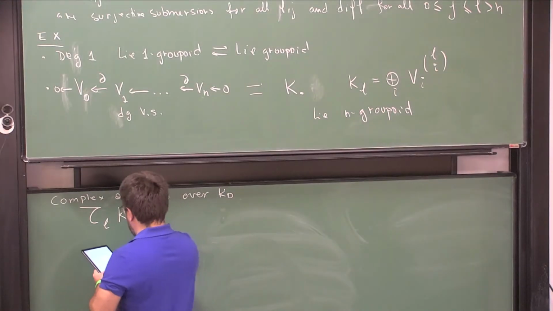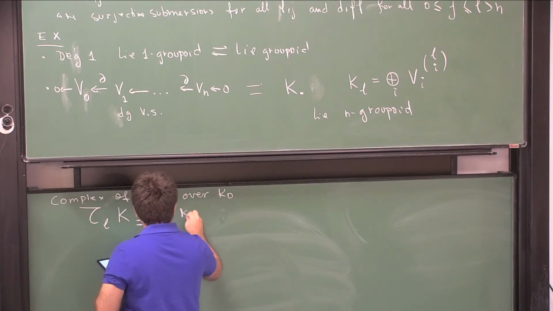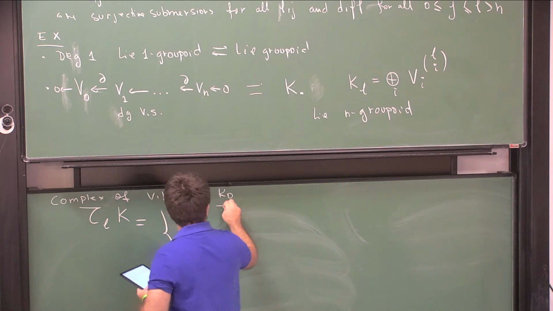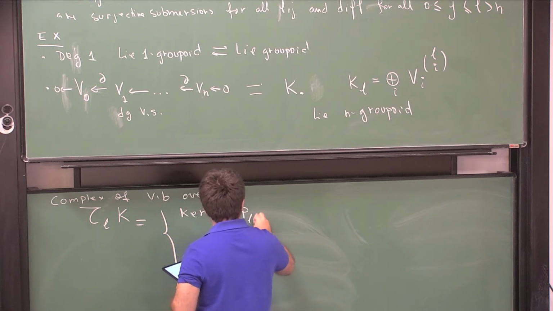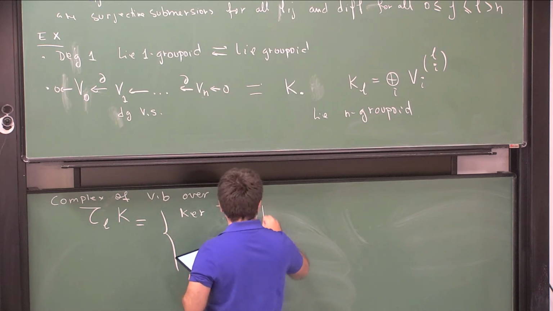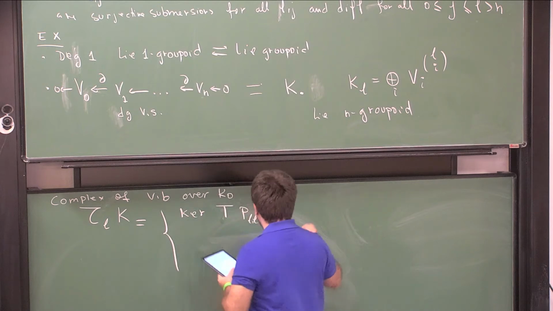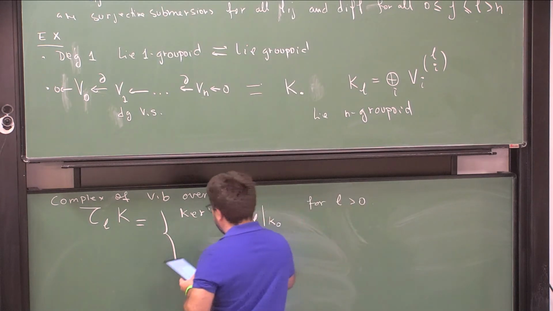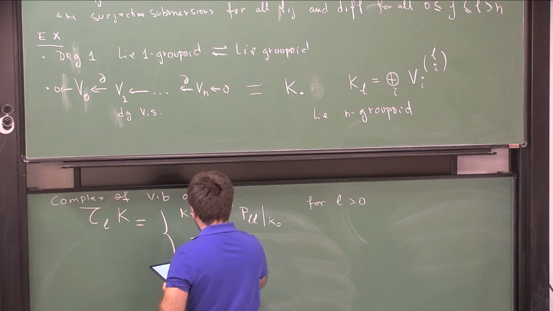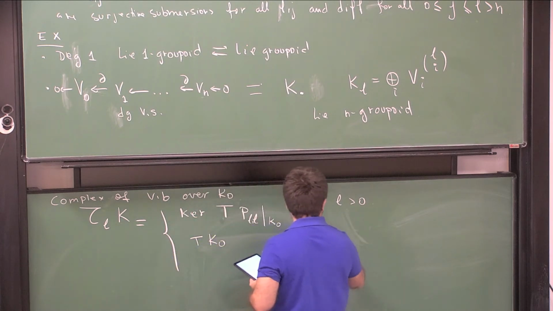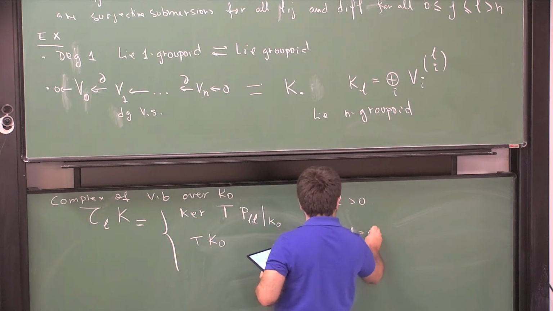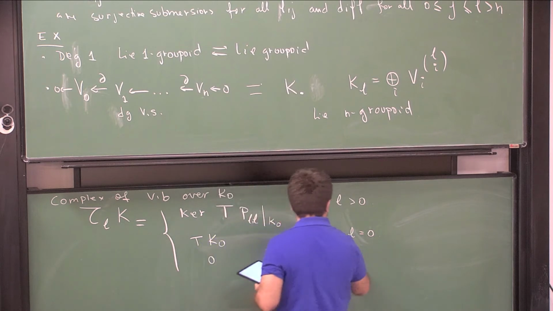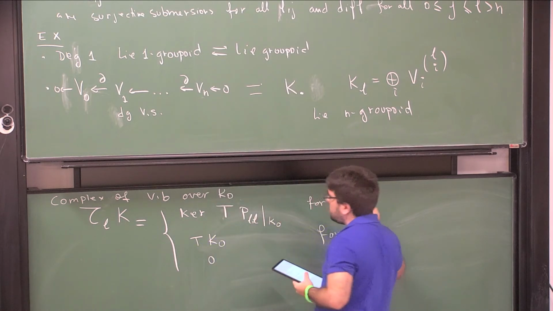And this thing, I just put it, the kernel of the tangent of the last Hor projection restricted to K0 for L bigger than 0. I put it TK0 for L equal to 0, and I put it here for the negative false.